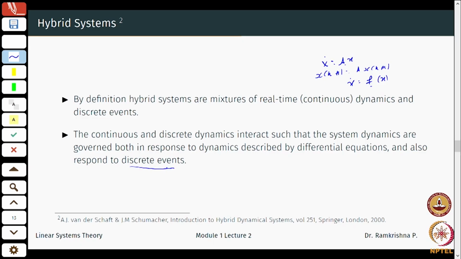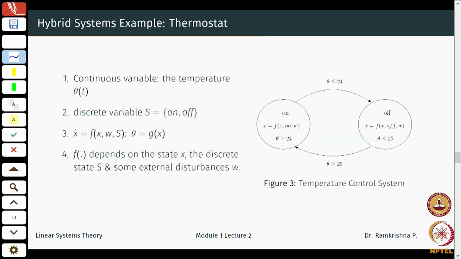As a simple example, I am just looking at a temperature control system, a very simple example of a thermostat. We learn it in very early training of our physics education. Okay. So what I am interested in is temperature control of a room.